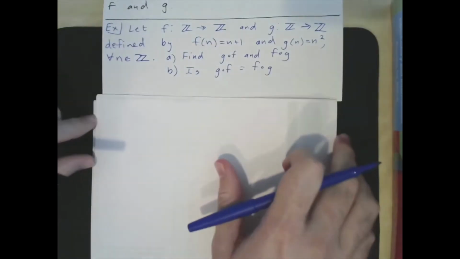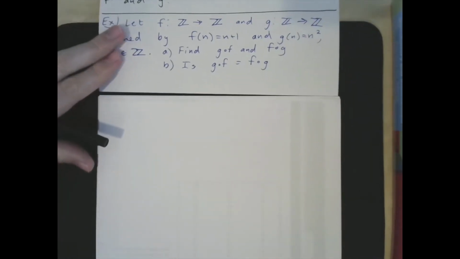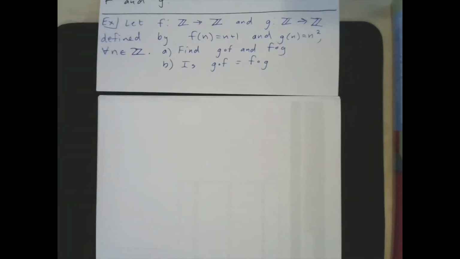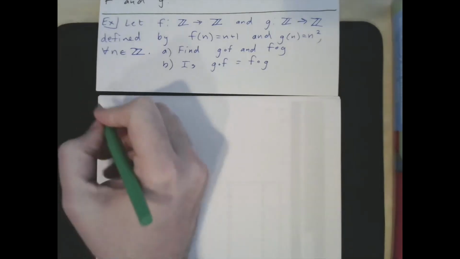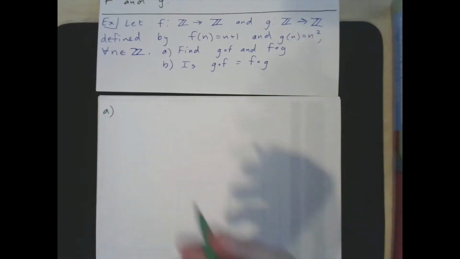So let's go ahead and take a look at this stuff now. So part A should be relatively simple. I would again suggest pause the video, form your compositions. We all can do this. We've composed functions.